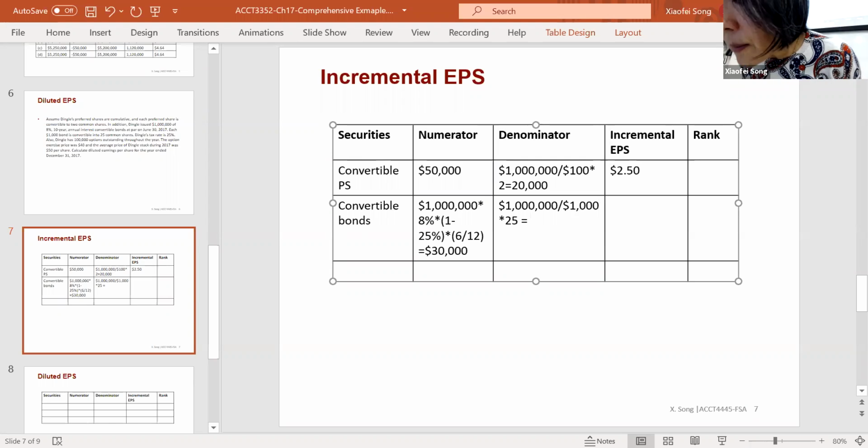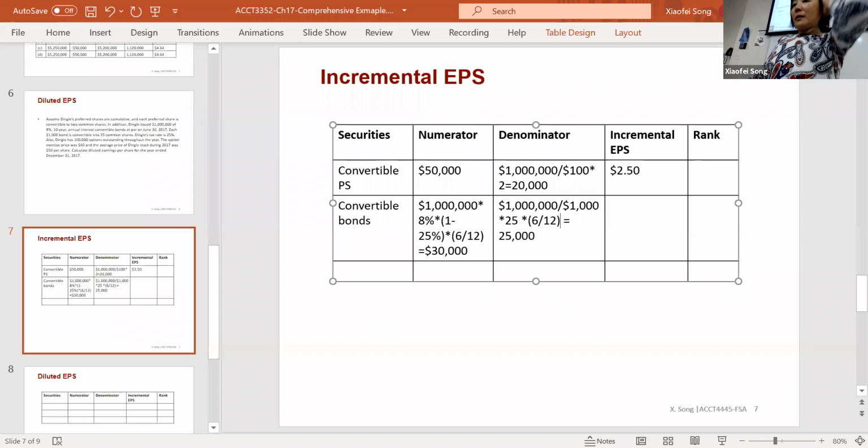The number of common shares to be issued is 25,000. We have to adjust for the year, don't forget that, using the weighted average number of shares, so that's actually 12,500.